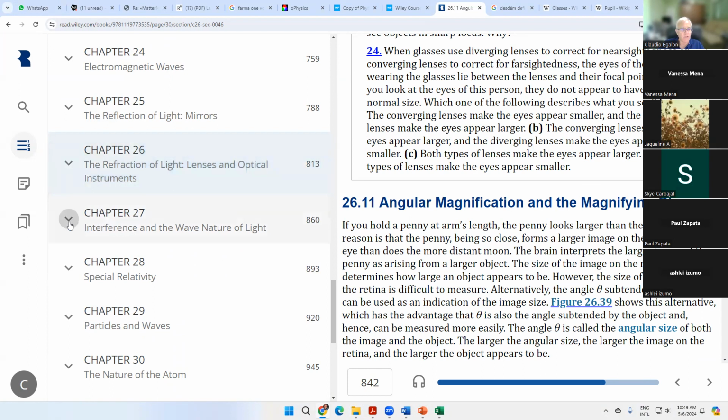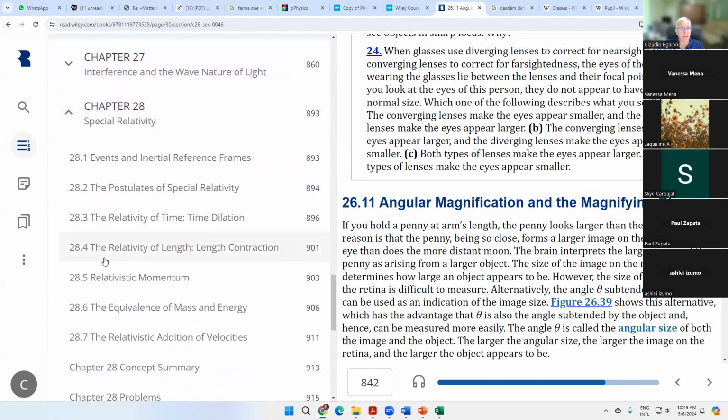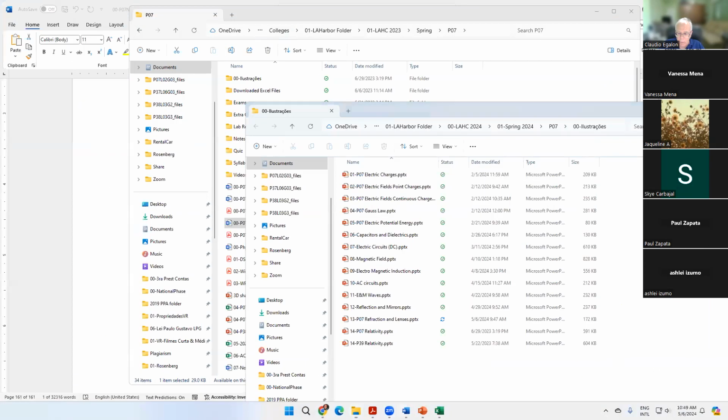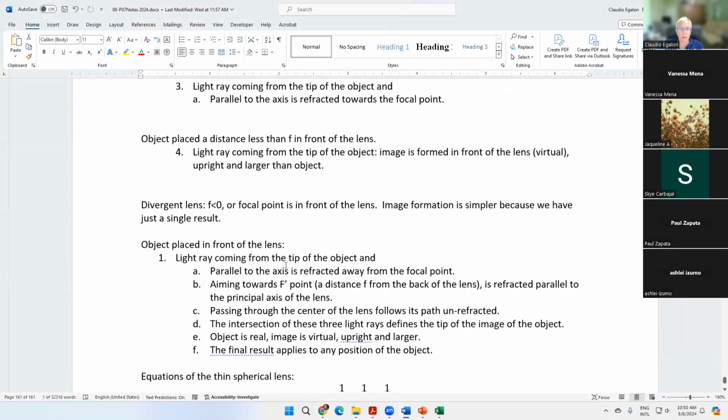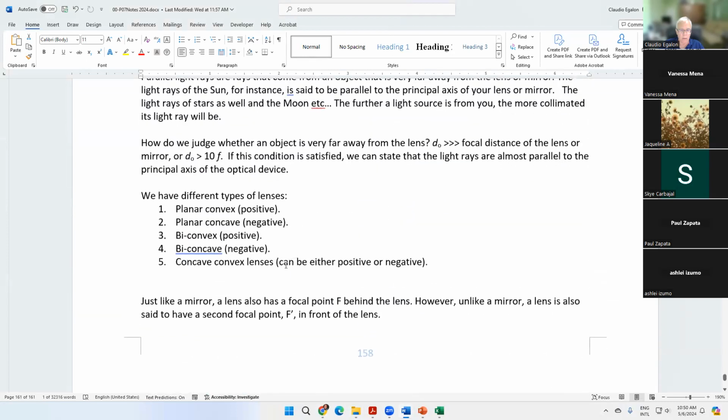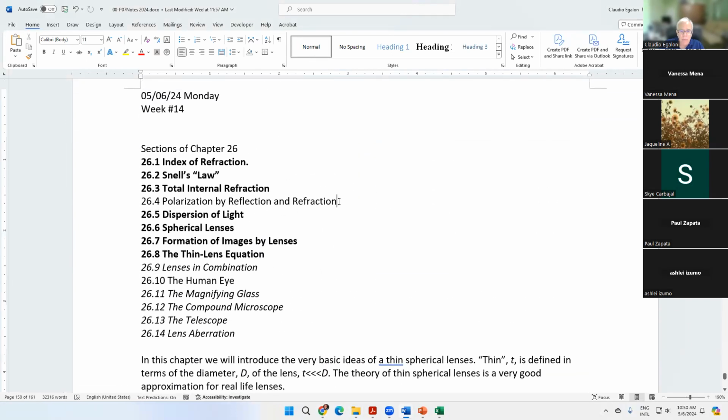I want to skip chapter 27, and we are going to go to chapter 28, okay? So, notes 24 right here. Skip. Lens combination, skip, right? Skip, and skip, and then the human eye. Like that.